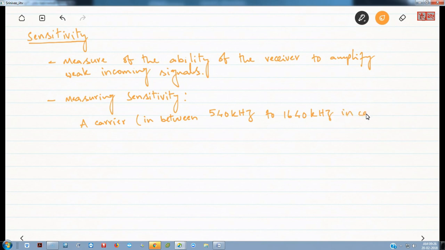For an AM receiver, we take a carrier within that range. The carrier is 30% modulated. We know the percentage of modulation formula; while discussing AM and FM, we discussed the percentage of modulation. So the carrier is 30% modulated by a sinusoid at 400 hertz.